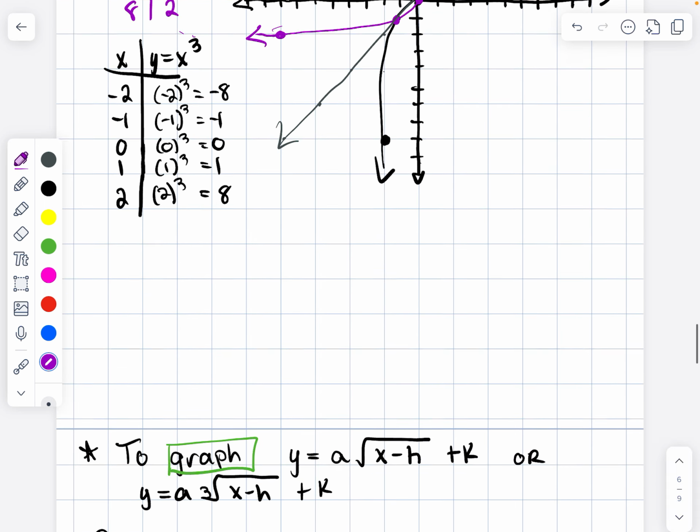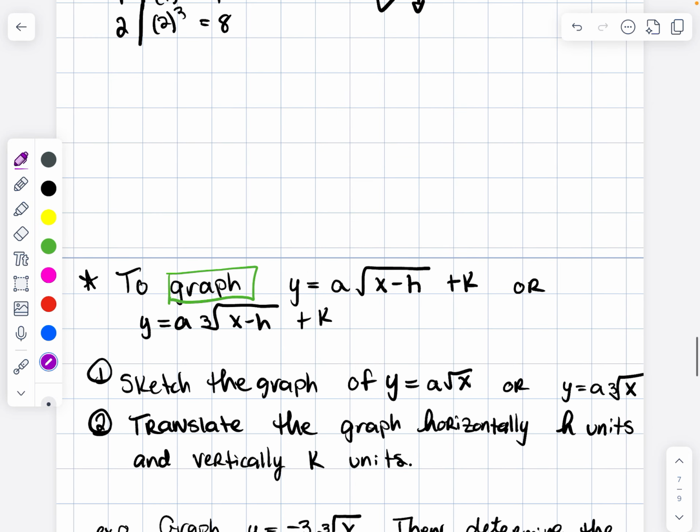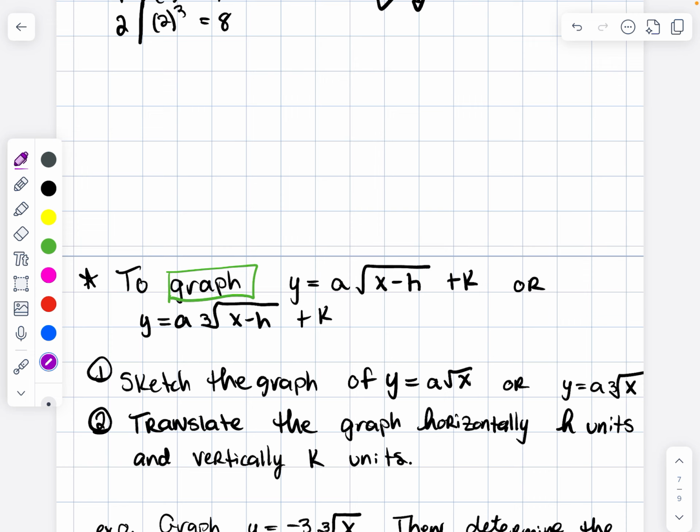Now, there are times where we're going to be asked to graph something more expansive. It could be y equals the square root of x, or it could be y is equal to the cube root of x, but you're going to see extra things added to it.